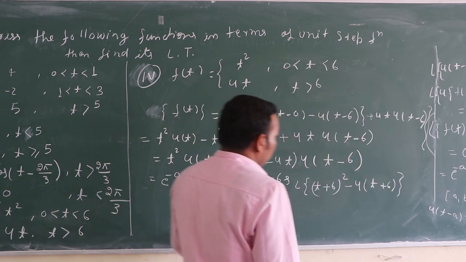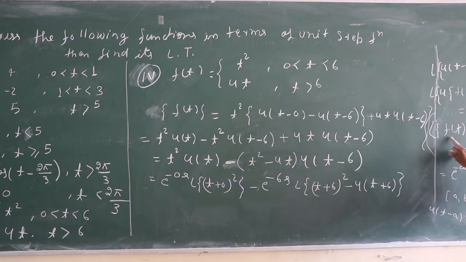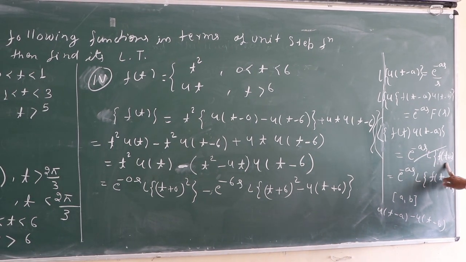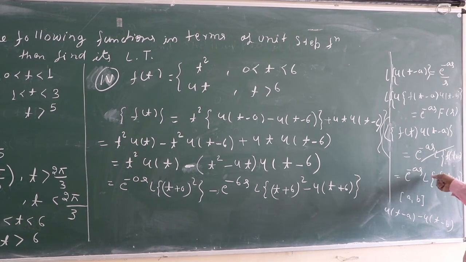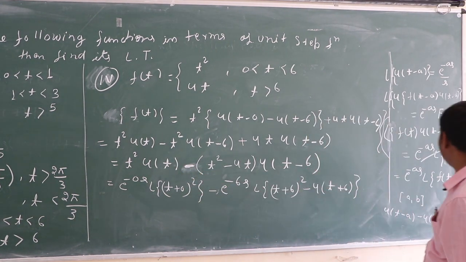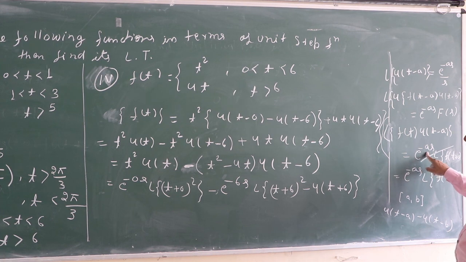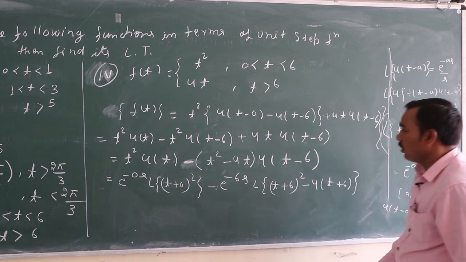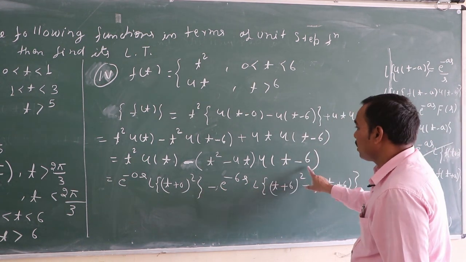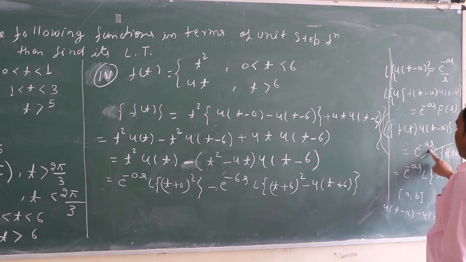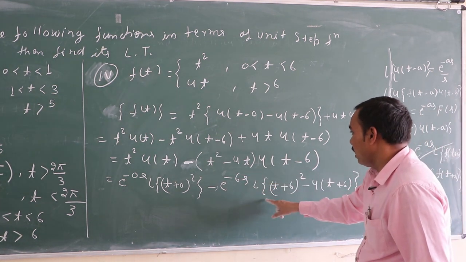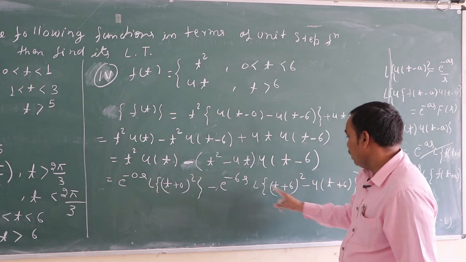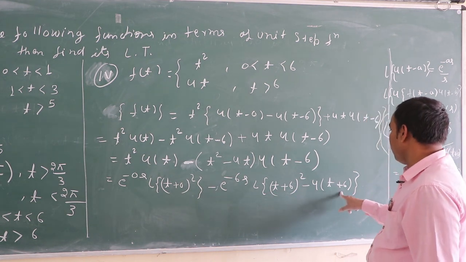Since Laplace of f(t) u(t minus a) equals e to the power minus as Laplace of f(t plus a), here a equal to 0 gives f(t plus a) as (t plus 0) whole square. Similarly, minus e to the power minus 6s, because here a equal to 6 and f(t) is replaced by f(t plus 6), so we replace it with (t plus 6) whole square minus 4(t plus 6).